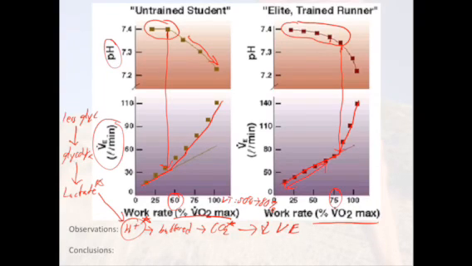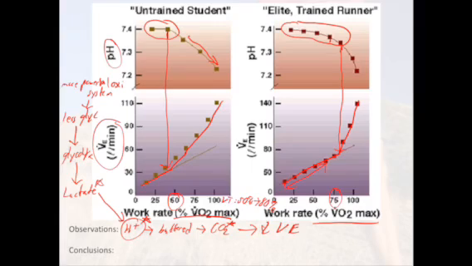The reason they can use less of their glycolytic system is because they have a more powerful oxidative system. The body always wants to use the oxidative system instead of the glycolytic system if it can, and only uses the glycolytic system if it has to.